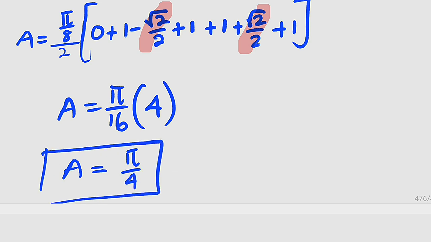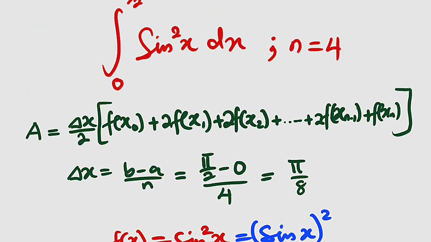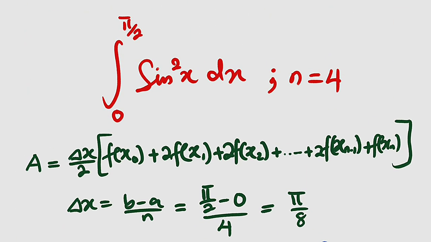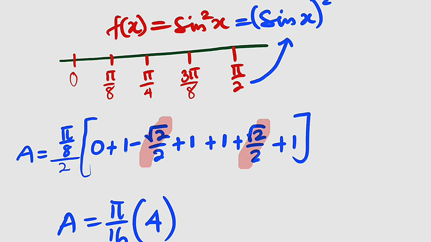So pi over 4 is the approximated area of the function sine squared x from 0 to pi over 2 using the trapezoidal rule. So now I would like to evaluate this using the traditional way to see whether the results are the same or very close.